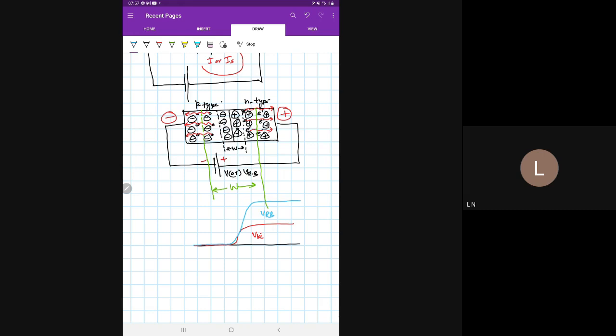Using blue color, Vj is the total junction potential.